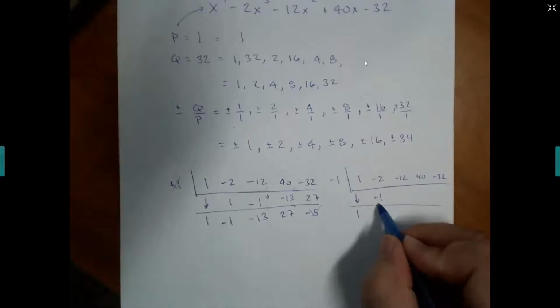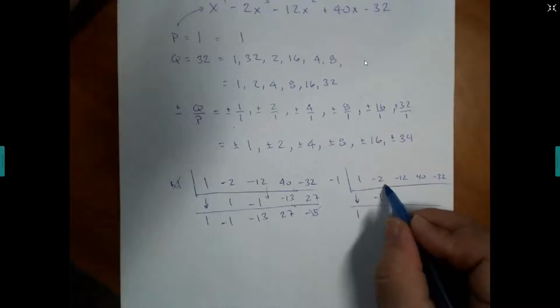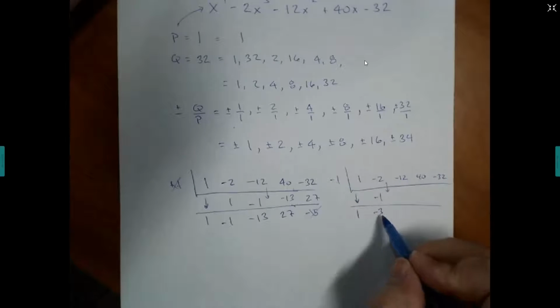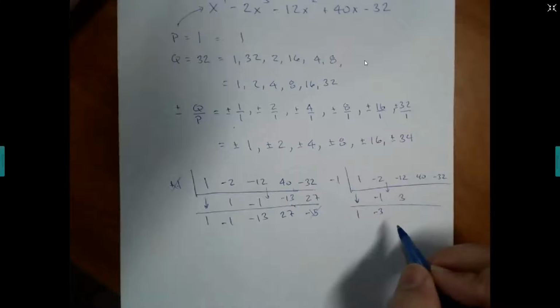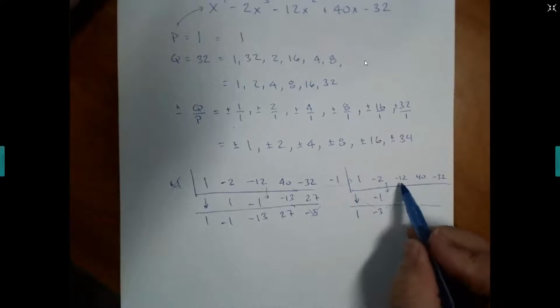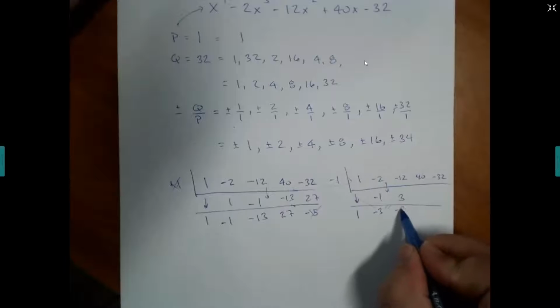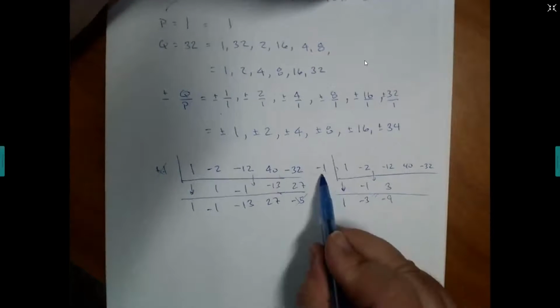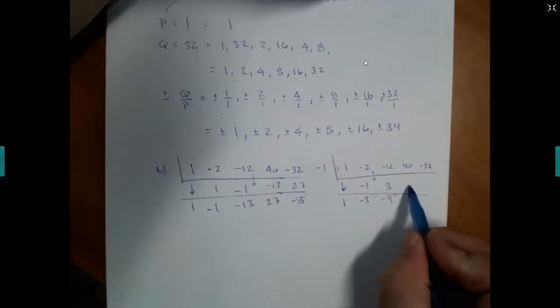-1 times 1 is -1. -1, add these, you get -3. -1 times -3 is 3. So multiply these. Add those. -12 plus 3 is -9. -1 times -9 is 9.